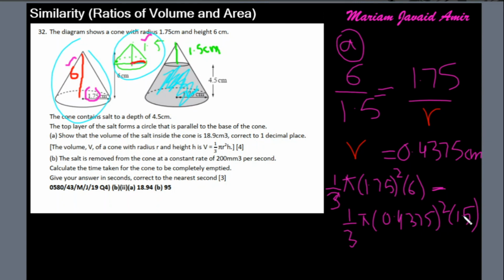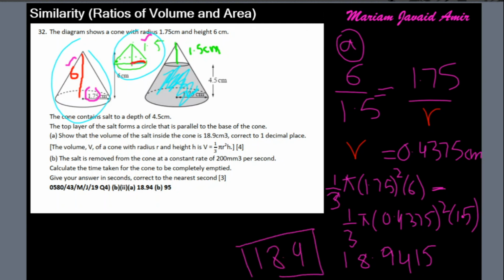I will enter this whole statement in my calculator and I'm getting 18.9415. So this should be rounded off to 18.9 centimeter cube. So this is the answer for part A.